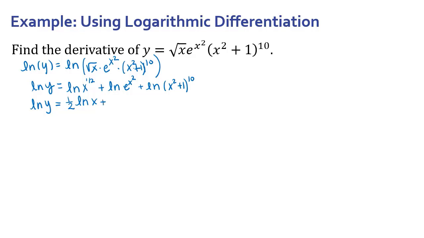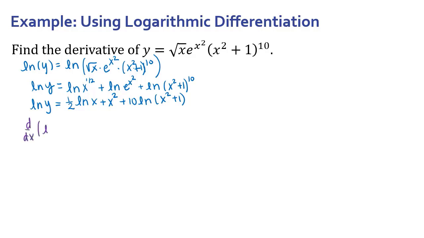I can use that power property here where that x squared can go in front, and we'll get x squared times the natural log of e, and recall the natural log of e is just 1, so that simplifies to x squared, plus 10 times the natural log of x squared plus 1. So now I'm in a situation where this is going to be much simpler. I'm not going to have to use the product rule, and I'm only going to have to use the chain rule a couple times. So let's go through and take the derivative of both sides.